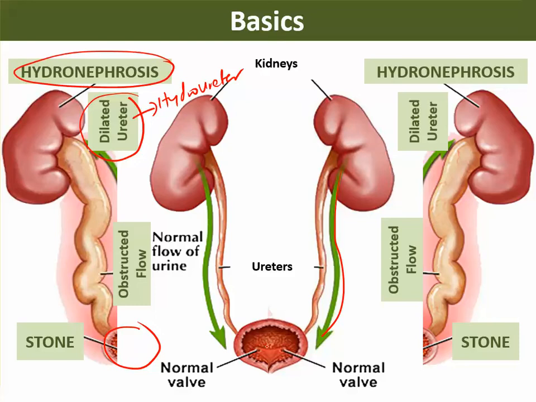So if there is obstruction happening in the bladder, or below the level of the vesicoureteric junction, whether the obstruction is happening in the bladder due to a tumor in the bladder, or there is a microbe called schistosomiasis that can infect the bladder and grows in the bladder, producing a mass of worms.